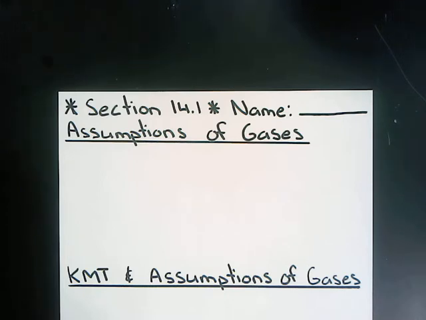So before we get into talking about these specific gas laws, what we need to take a look back at is what we can assume from the kinetic molecular theory. So the kinetic molecular theory, or abbreviated KMT, is a model that is used to explain the properties of solids, liquids, and gases in terms of particles that are always in motion and the forces that exist between them.